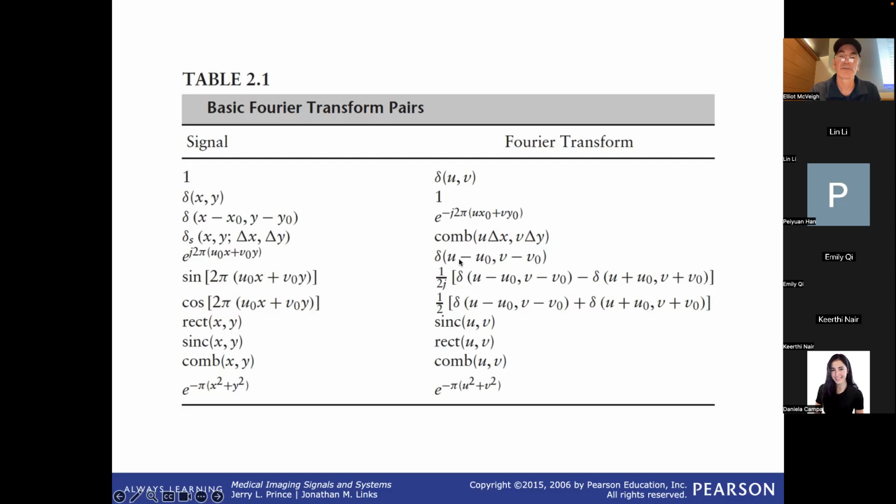A plane wave is a delta function and an offset. Here are the Fourier transforms of sine and cos we already looked at. Rect we looked at, I think. Comb, we sort of looked at that. And this one is very useful. This is the Fourier transform of a blob, which has the form of a Gaussian.